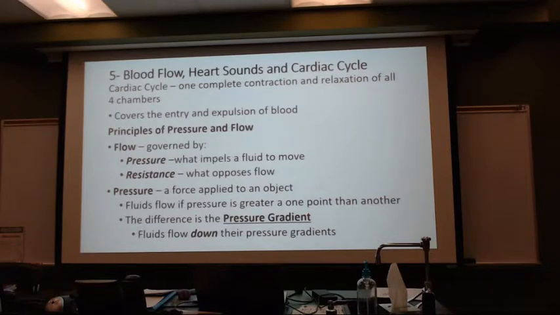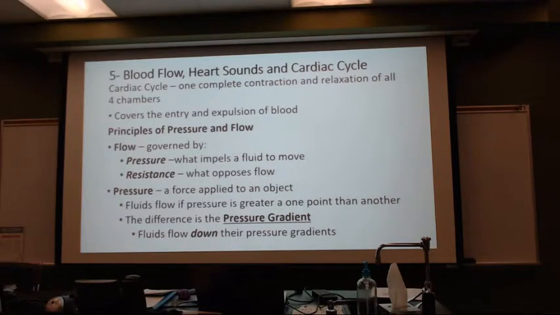If you remember, the cardiac cycle is one complete relaxation and contraction that's taking place in the heart. So all four chambers do that. But with this contraction and relaxation, the majority of the heart muscle is around those ventricles.